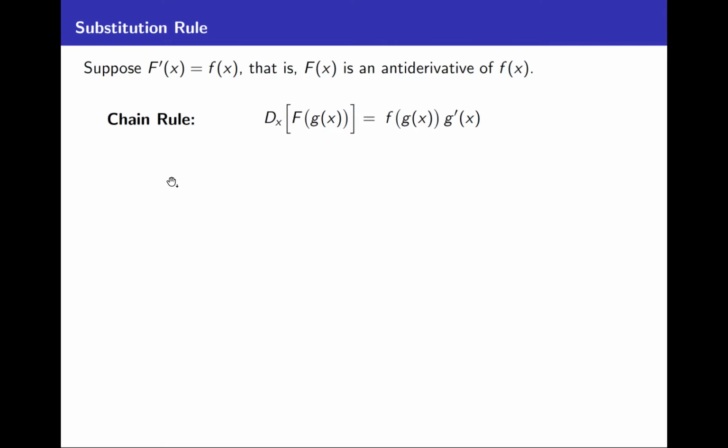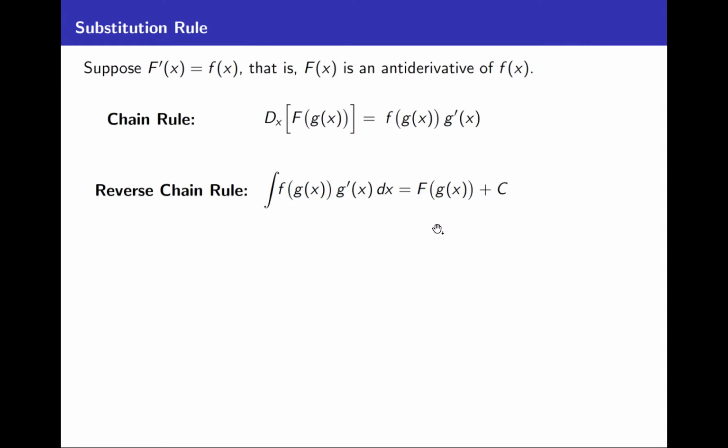So writing that as an antiderivative, we get the integral of little f of g of x times g prime of x dx equals big F of g of x plus c. You can check this formula by differentiating the answer big F of g of x plus c. And as you see up here, you get little f of g of x times g prime of x. You get the integrand. So you know this is a correct formula.